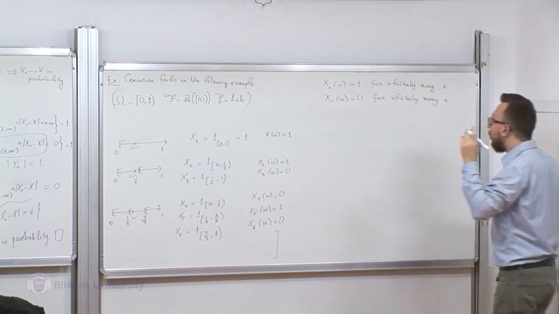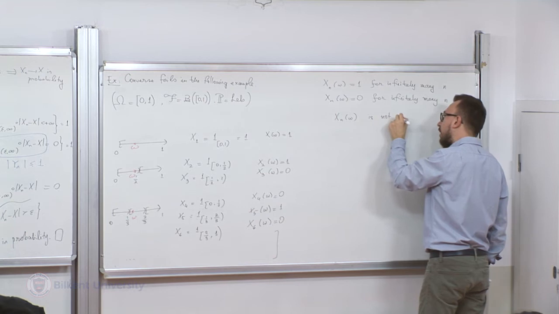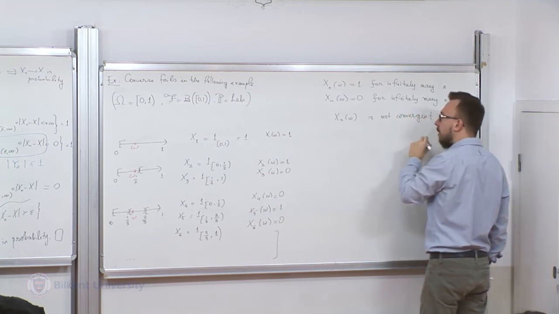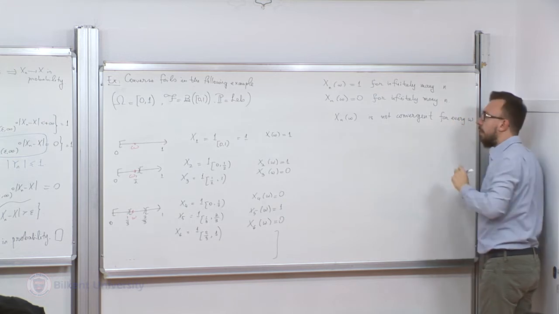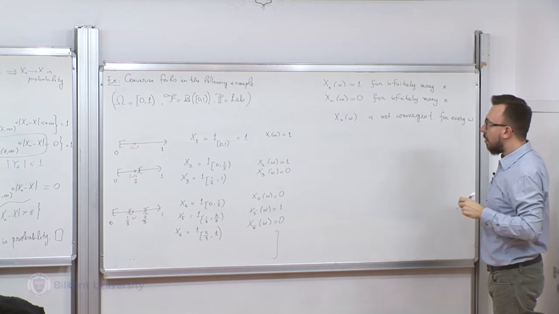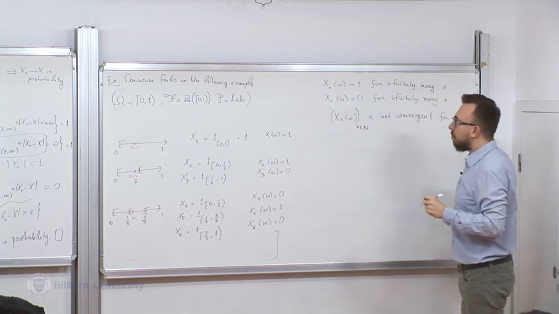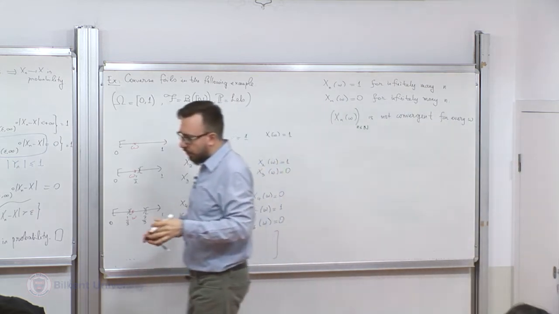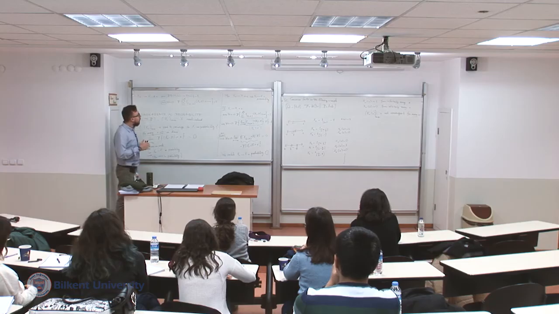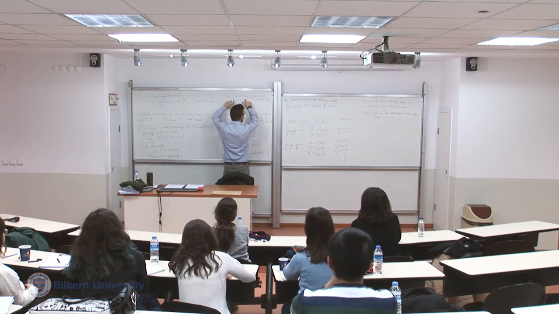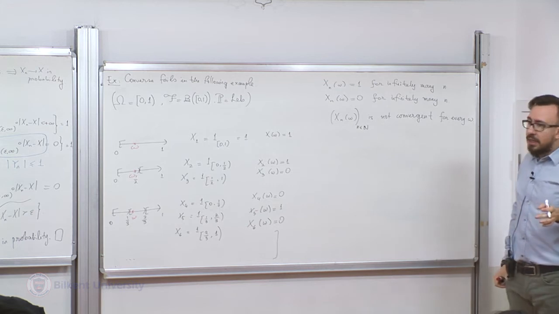So you don't have convergence. xn of omega is not convergent for every omega. So we don't have almost sure convergence, because for fixed omega, we never have convergence. We wanted something that converges in probability, but not almost surely. We don't have convergence almost surely. That's for sure.